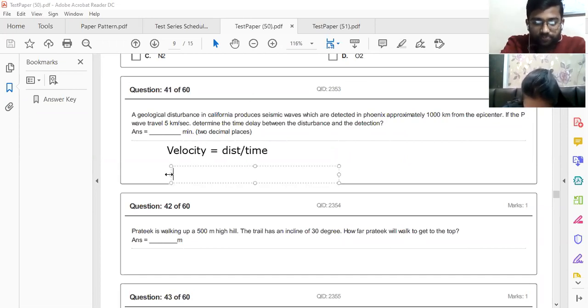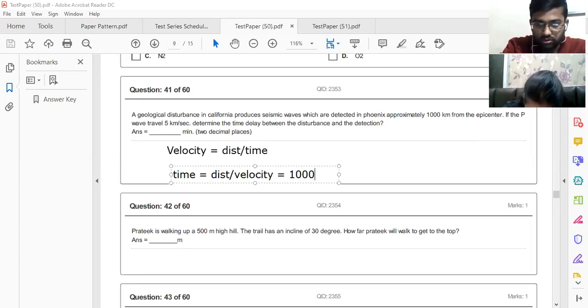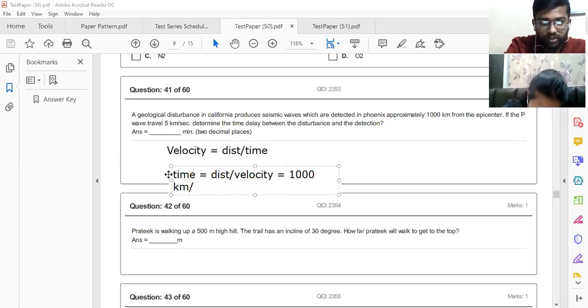So time is equal to distance upon velocity. So 1000 kilometer divided by velocity, which is 5 km per second.